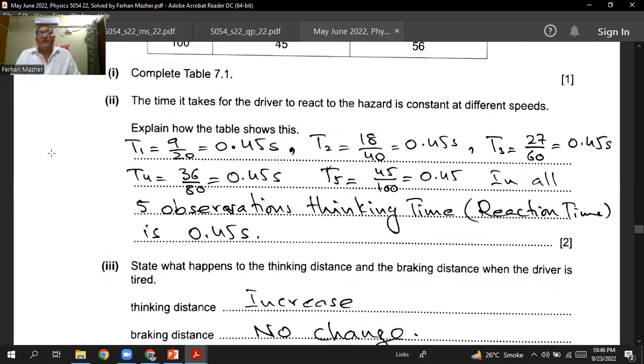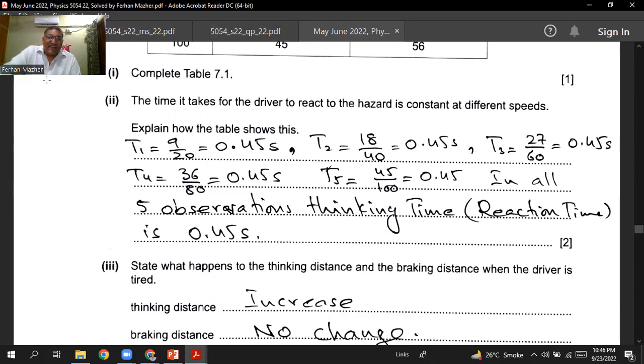When you divide, you get 0.45 seconds. 36 divided by 80, you get 0.45 seconds. 45 divided by 100, you get 0.45 seconds. In all five observations, the thinking time or the reaction time is 0.45 seconds. So we calculated the reaction time in each case.